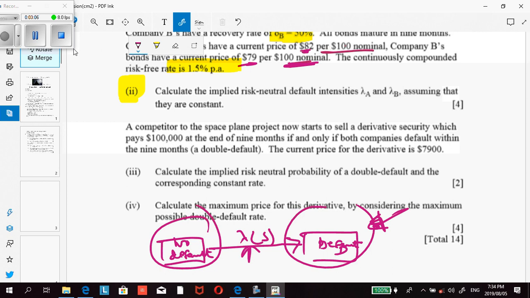Now, it is also assumed that after default, all bond payments will reduce by a known factor, which is 1 minus delta, where your delta is your recovery rate.